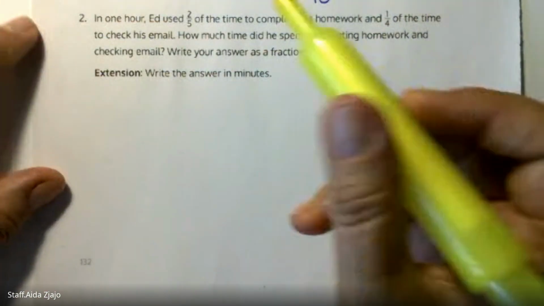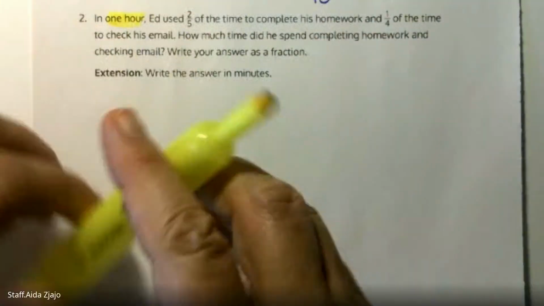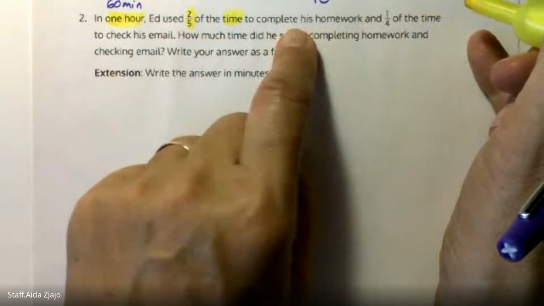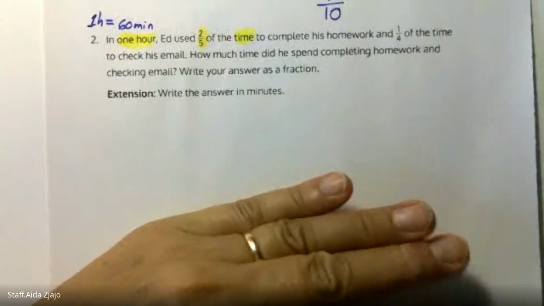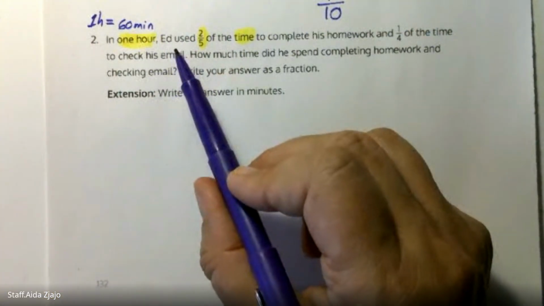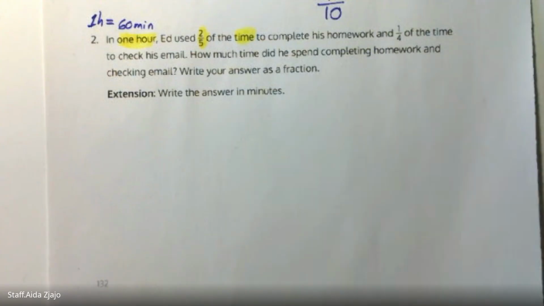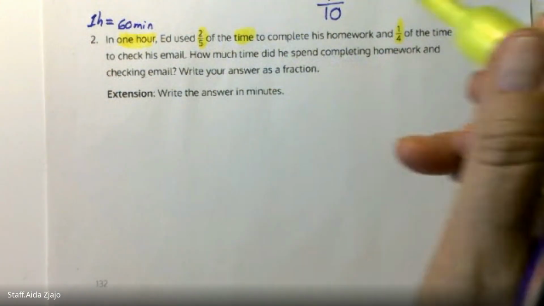Okay. In 1 hour, 1 hour is about 60 minutes. I will put 60 minutes. Okay, Ed uses 2/5 of the time to complete his homework, and 1/4 of the time to check his email.